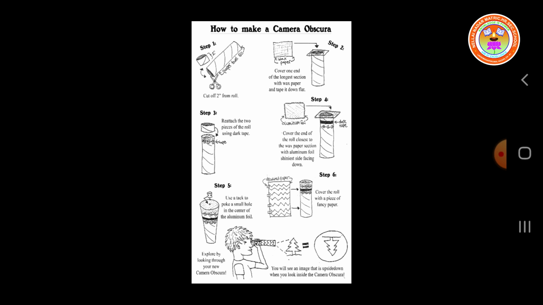Keep a lighted candle on a table and look through the hole with the back side towards the candle. If you go closer to the candle, you will see a larger but dimmer image. You can also change the image size by adjusting the tubes.